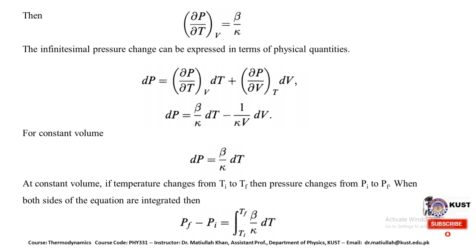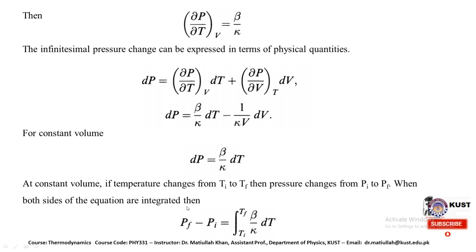So we consider a constant volume, because we have eliminated the dV part of this equation. There will be some change in temperature from initial to final value, which will lead to change in pressure from initial to final value. So we will integrate this equation from initial to final values.